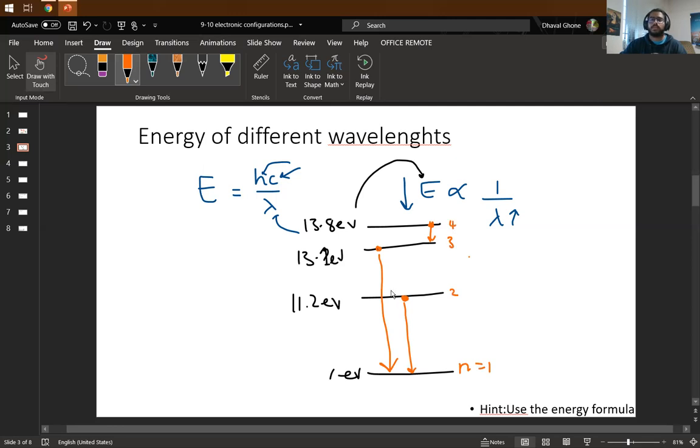So in my first scenario, it goes from 3 to 1. In my second scenario, it goes from 2 to 1. And in my third scenario, it goes from 4 to 3. So my question to you now is: out of these three examples, which of them has the highest energy released?